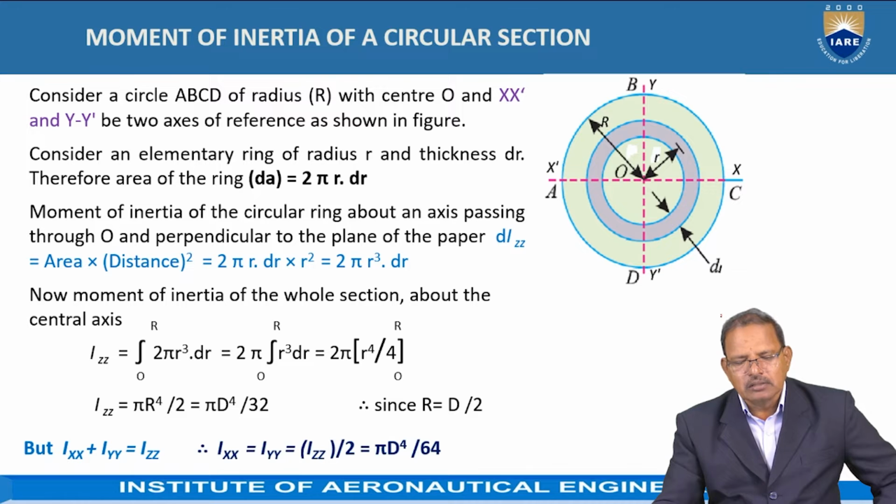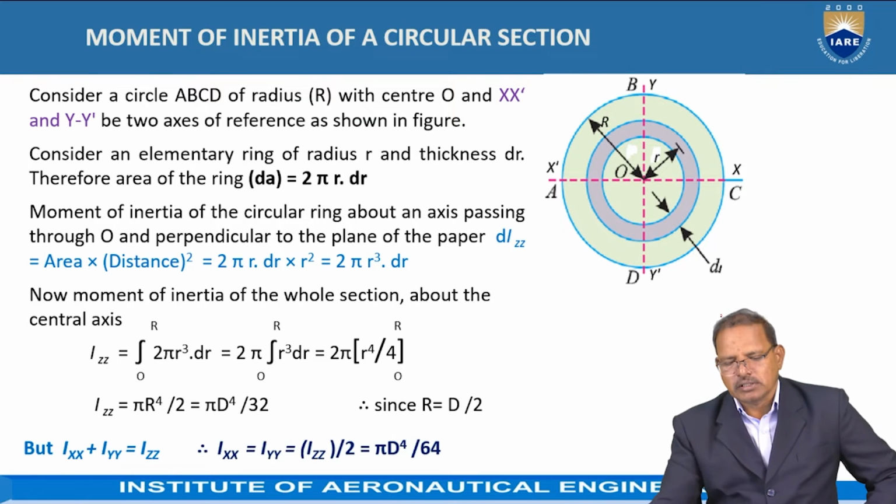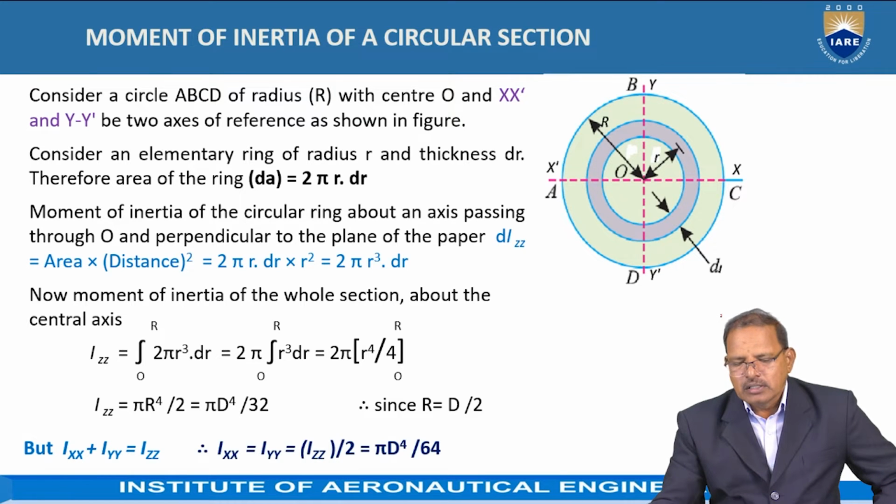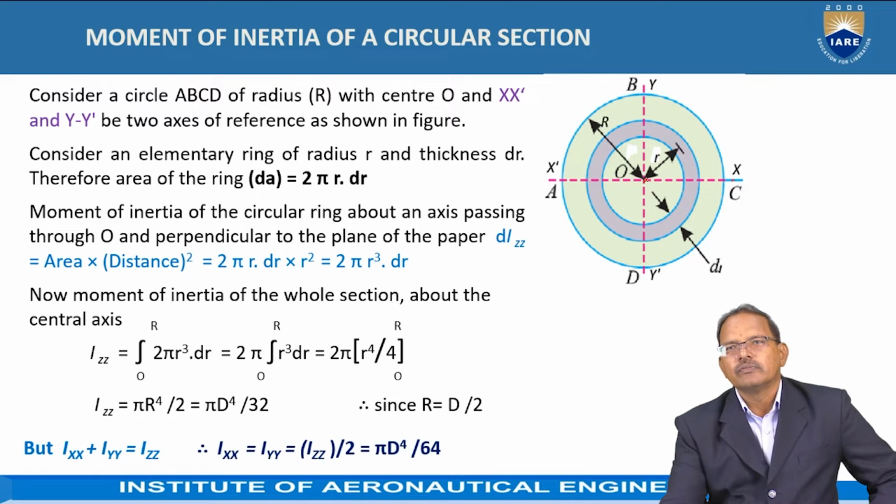Now consider a circle, the moment of inertia of a circular section. Consider circle ABCD with the center O, and XX and YY representing the central axes passing through the center of gravity of the given object, which are perpendicular to each other.